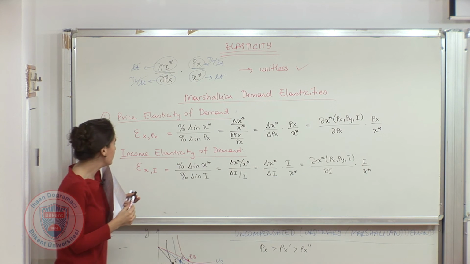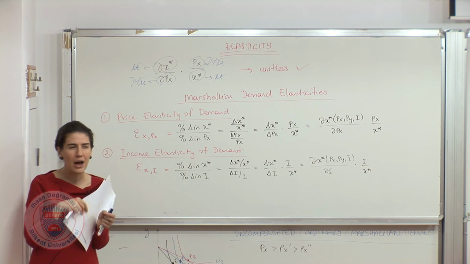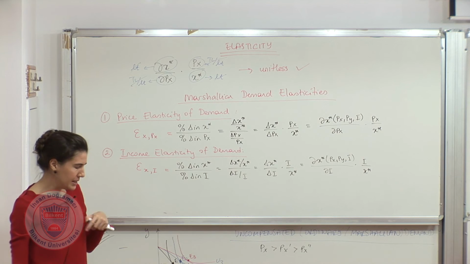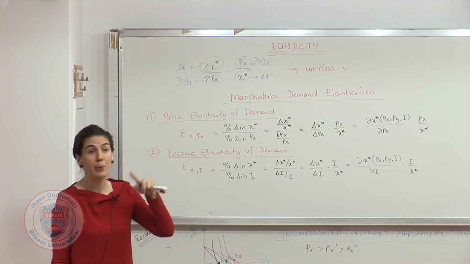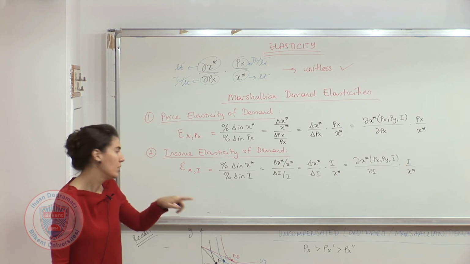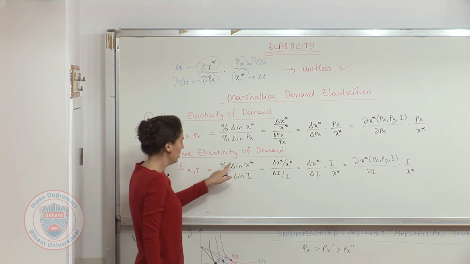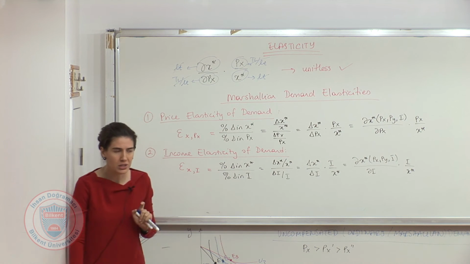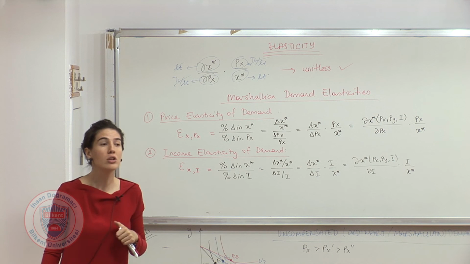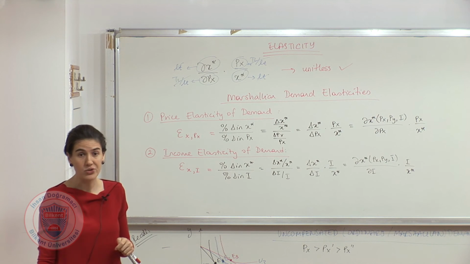How are you going to interpret it? If there's a 1% change in consumers' income, by what percentage does consumers' consumption of good X change, okay?